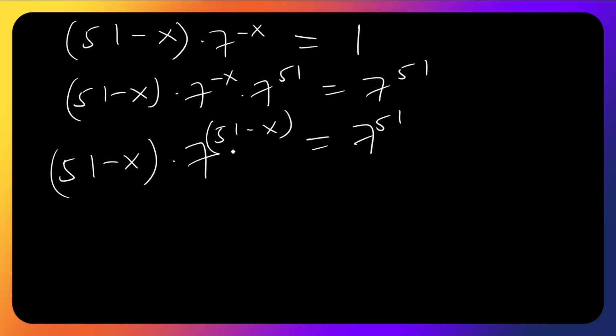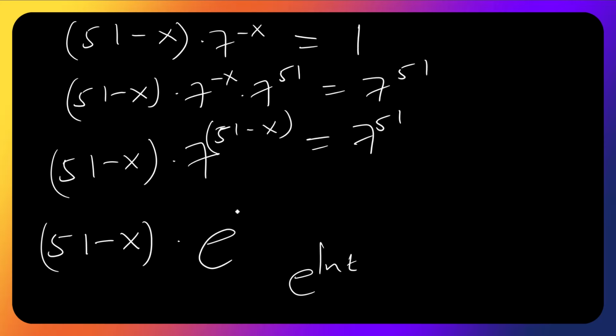Now, from here, we have to introduce the e. Remember, e raised to ln of t is t. So let's bring in the e, which will prepare for the Lambert-W function. Let's bring everything here: 7 raised to 51 minus x.